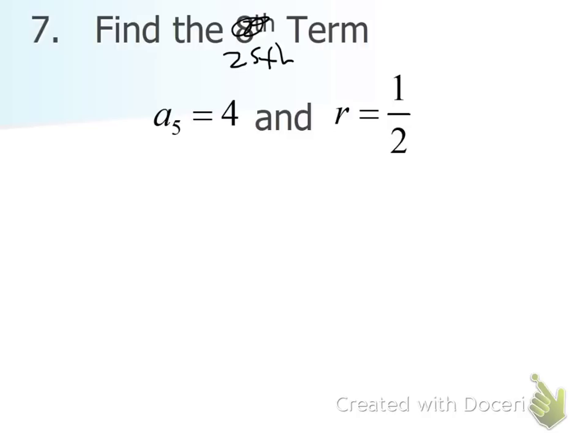So, you're not going to sit there and try to count times a half. A lot of you are going to mess up as you hit it. So we got to go back and find the what, guys? We got to find the first term.